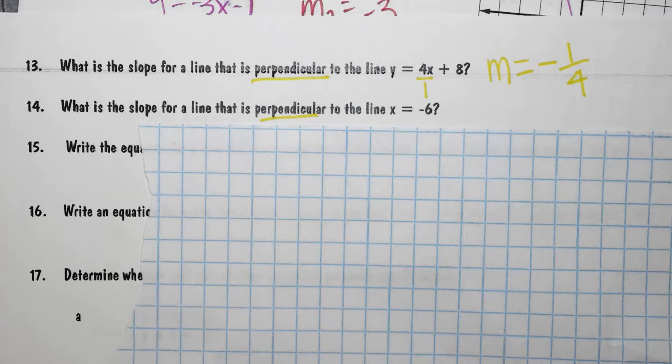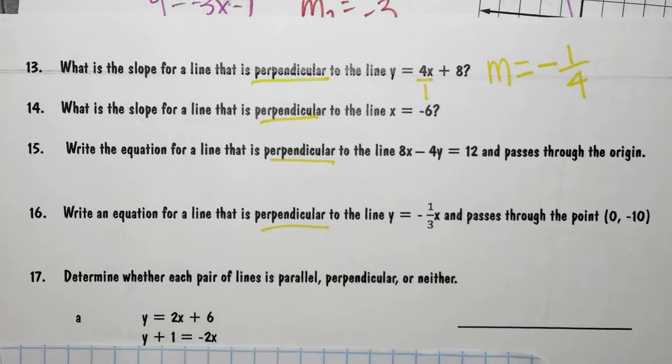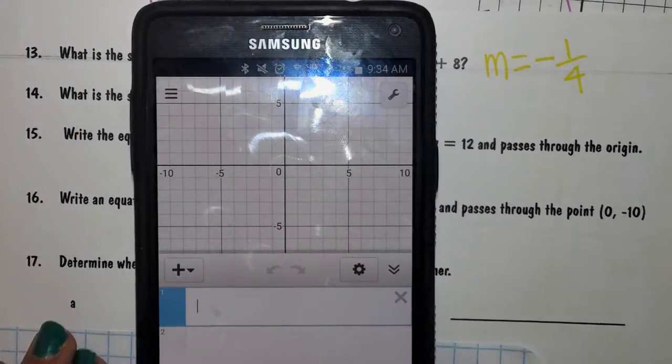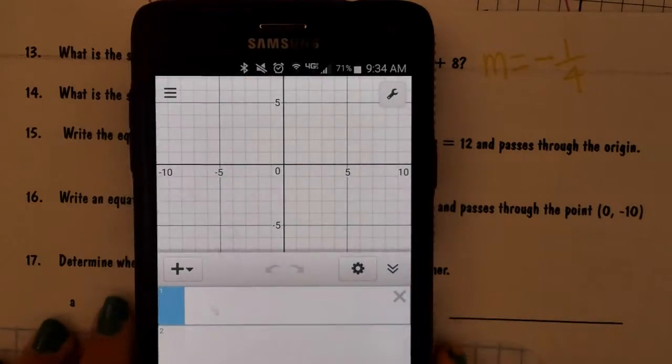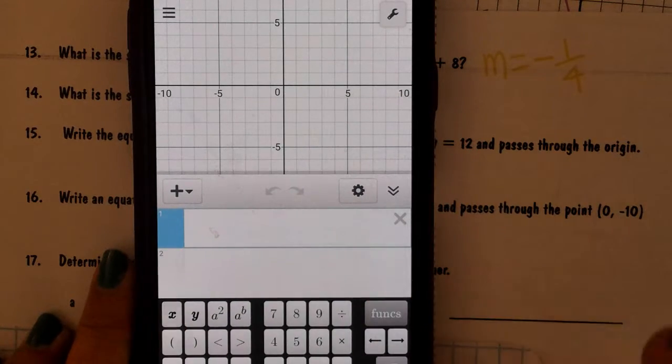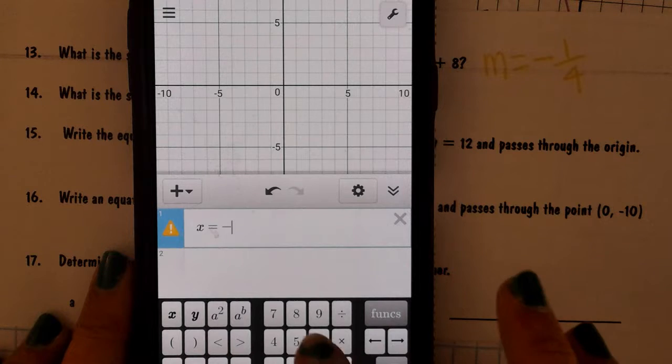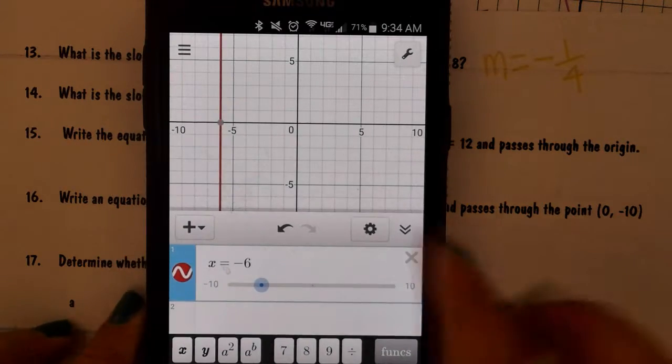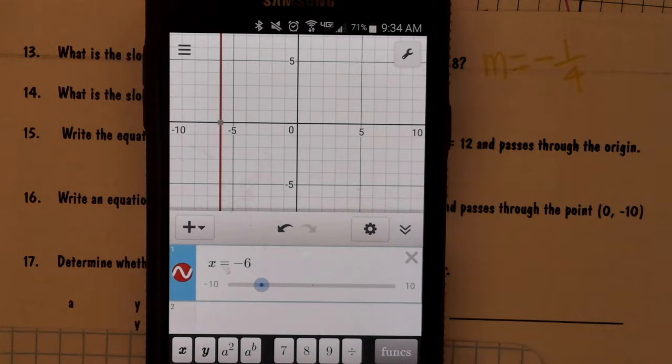Can everybody see this? So if I say x equals negative 6, that red line is my graph. Is this a vertical or horizontal line? Vertical.